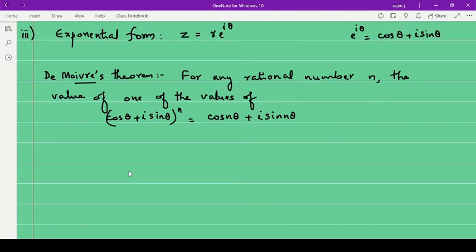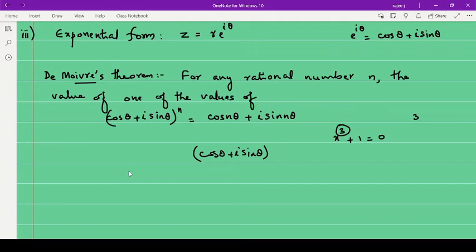That means when you take the power, suppose I am finding the solution of x cube plus 1 equal to 0, then we will get three roots, three solutions. In the same way, for any rational number n, of the form p by q, all natural numbers and integers can be expressed as rational numbers.